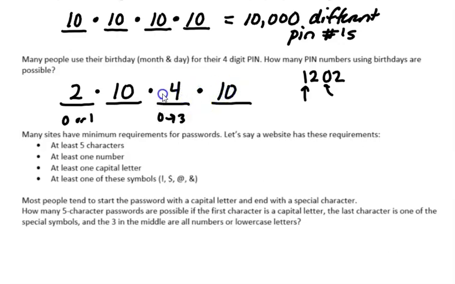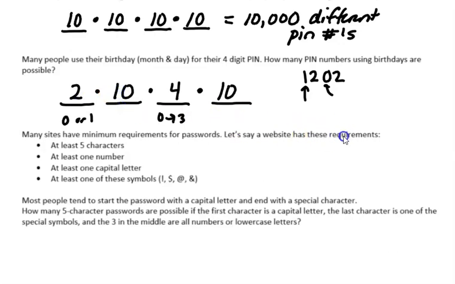I could put 2 with any one of 10 digits, but 3 could only go with 0 or 1. So technically, no, there aren't quite this many possible days here. Same thing here. 0 could go anywhere from 1 to 9, but 1 could only go with 0, 1 or 2 for month 10, month 11 and month 12.